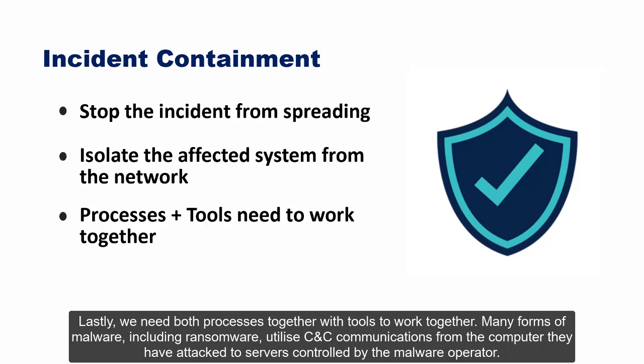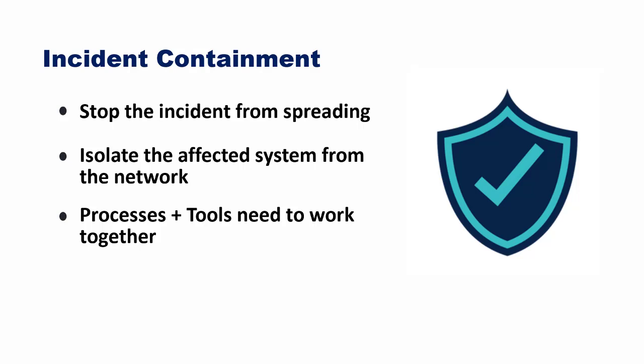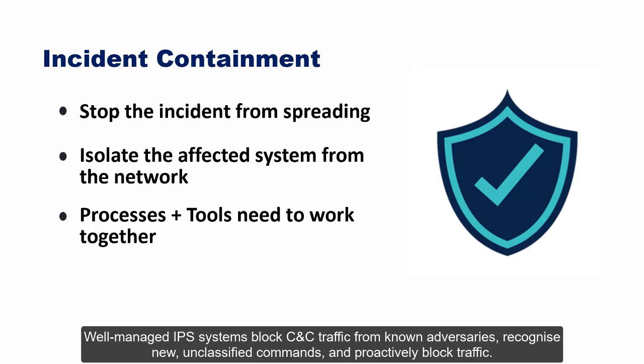Many forms of malware, including ransomware, utilize C&C communications from the computer they have attacked to servers controlled by the malware operator. Managed IPS systems block C&C traffic from known adversaries, recognize new, unclassified commands, and proactively block traffic.